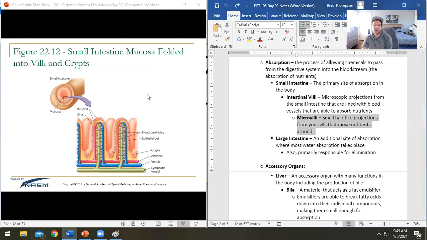So let's say you've got a sugar molecule that lands here, but it needs to get absorbed up here. Those little hairs can move it and fluctuate that until it eventually gets sucked into the right slot. And that's how your body moves fluid and other nutrients around to make sure that they are getting where they need to get, if that makes sense.